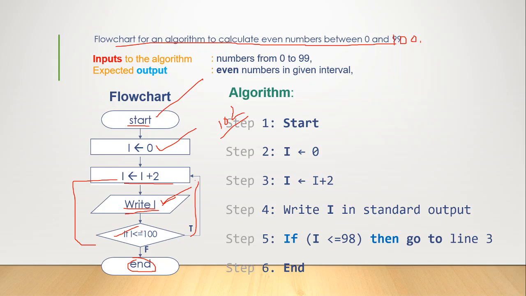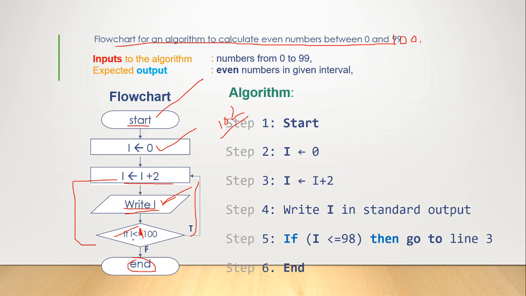To do this, we have to just cut the equal to sign, and the condition we have to apply here is if I less than 100.